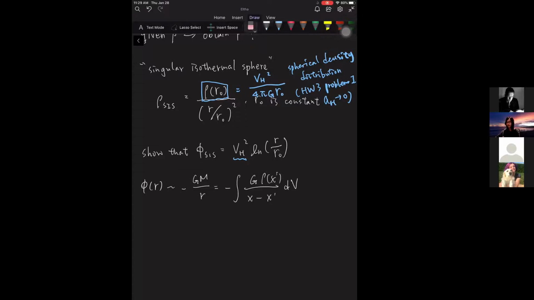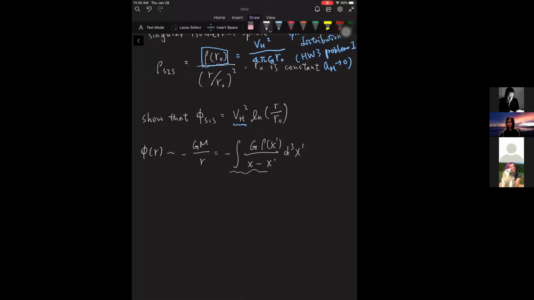So this dV can be written as dX prime cubed. Yeah, so this is the most general form of the gravitational potential.